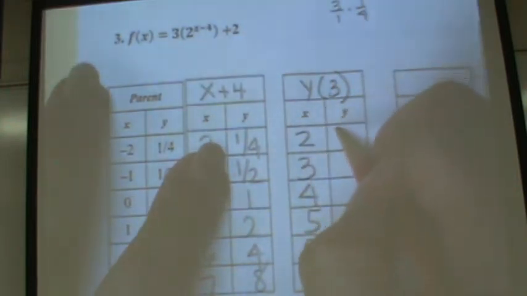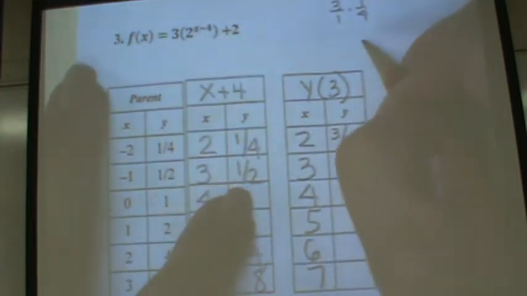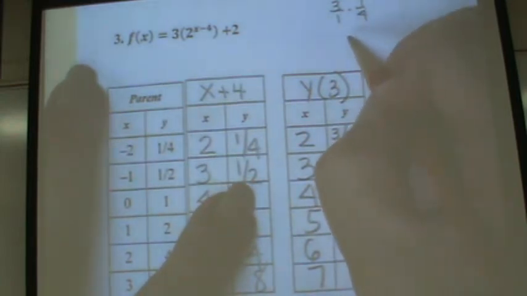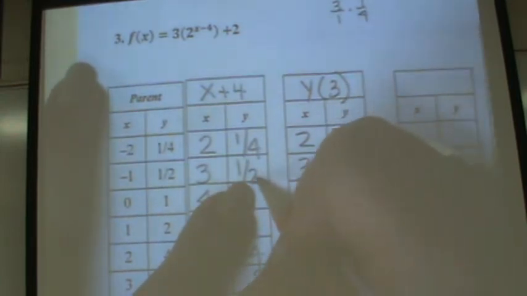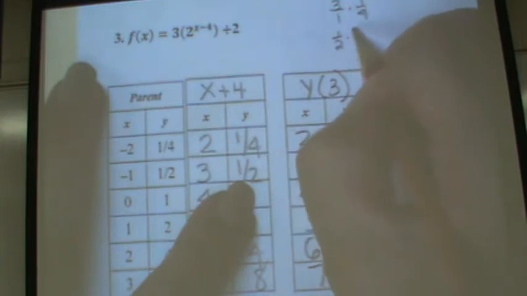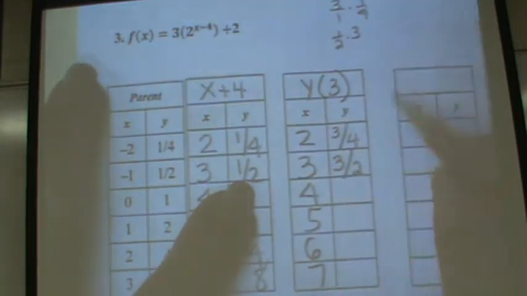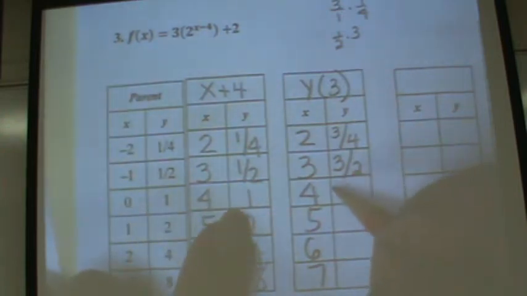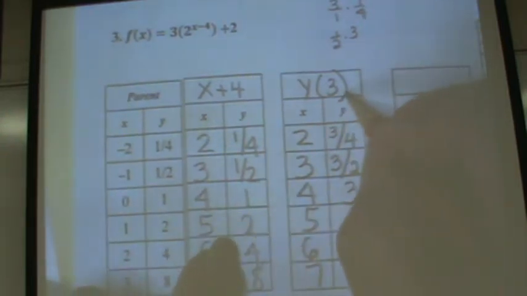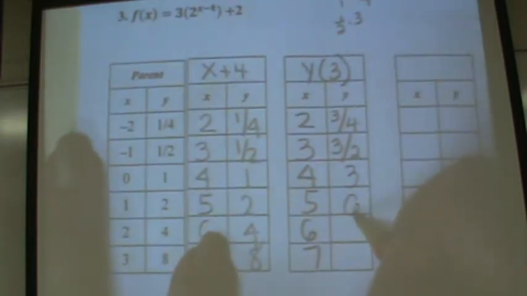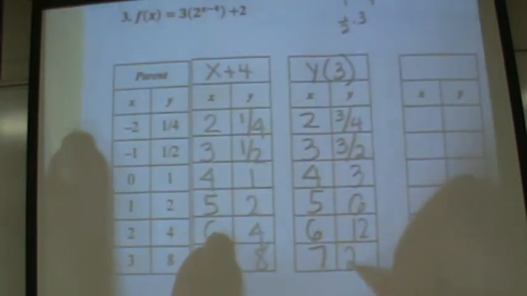So 3 times 1/4 is 3/4. Then 1/2 times 3 is 3/2, which is 1.5. Then 1 times 3 is 3, 2 times 3 is 6, 12, and 24.